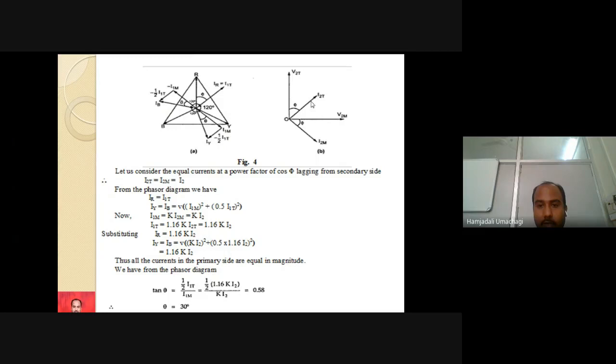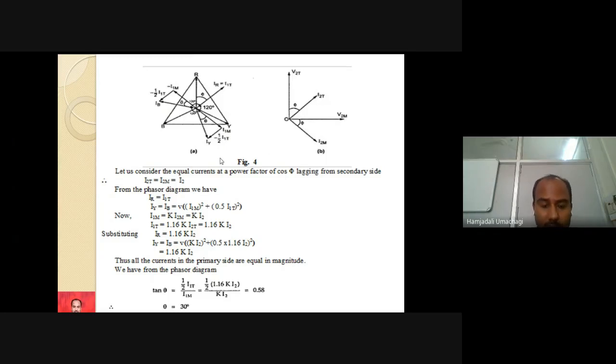This is the power delivered by the teaser transformer. Similarly, for the power delivered by the main transformer, the secondary current I2M lags the secondary voltage of the main transformer by an angle phi. And once again, the secondary teaser transformer current I2T and the secondary main transformer current I2M have a phase shift of 90 degrees. I2T lags I2M by 90 degrees.